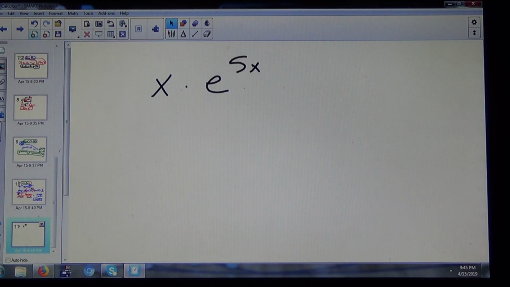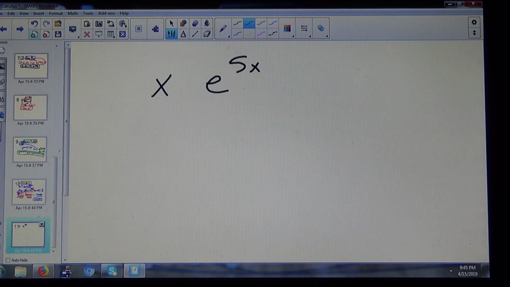Alright, let's find the derivative of this. And it'd actually be written like that on the test.